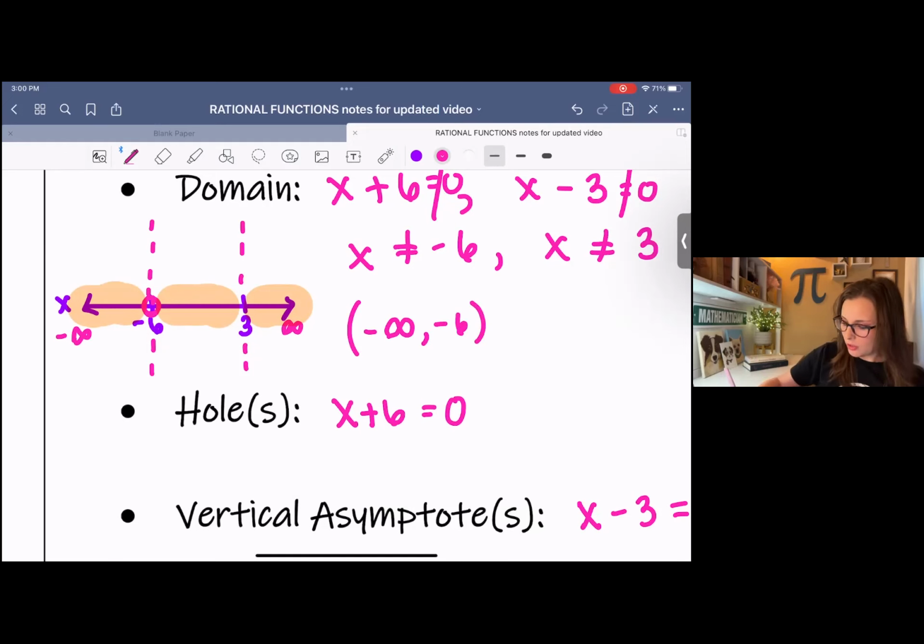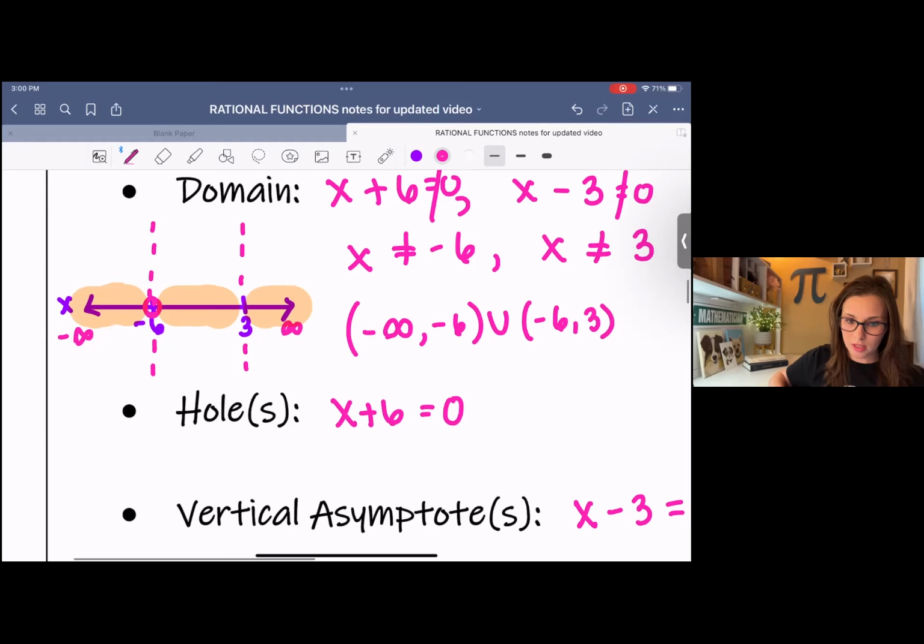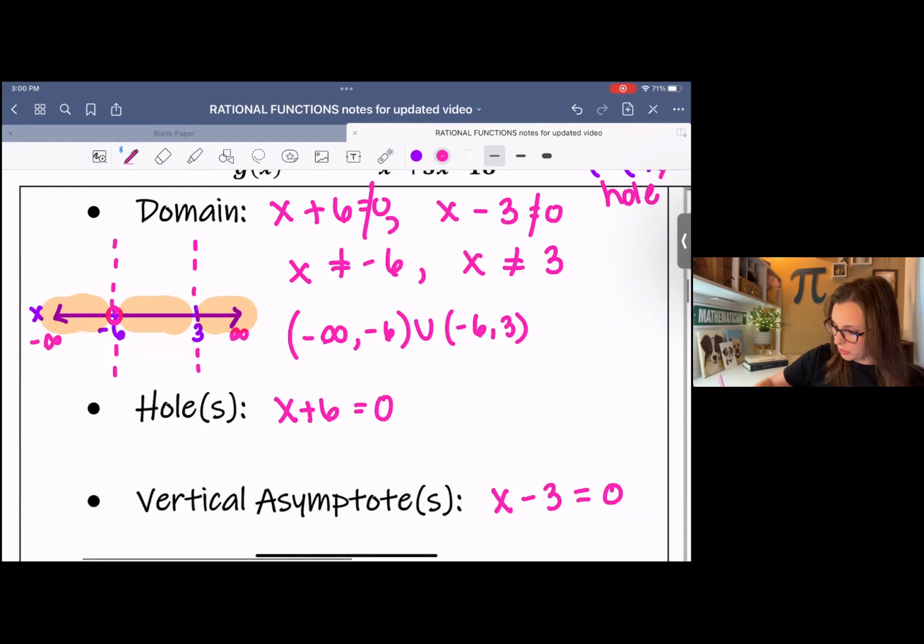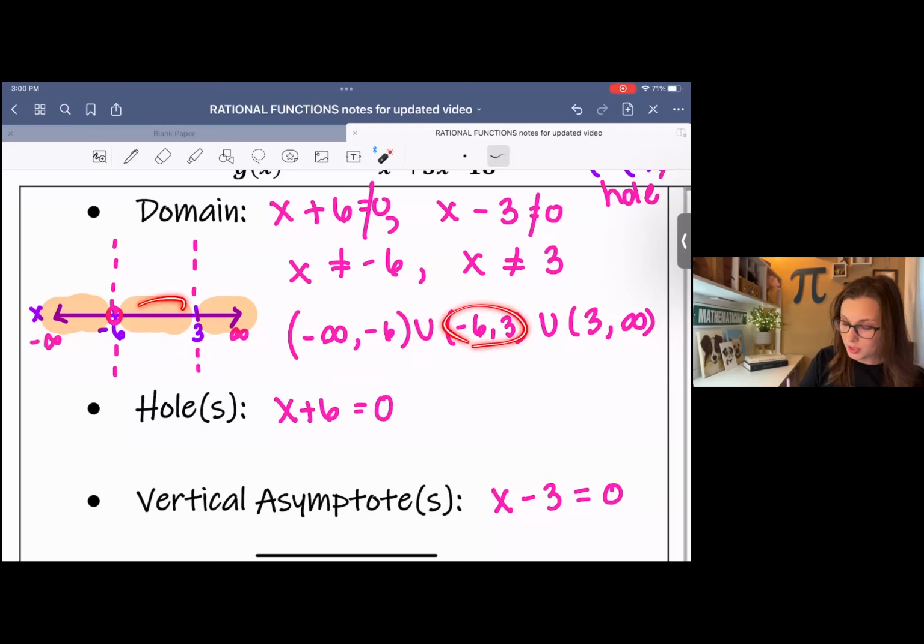And then that break in the graph means union. Then my next region goes from negative 6 to 3. There's a break in the graph, so I need another union, 3 to infinity. So each interval corresponds to one region of the graph, and that's domain.